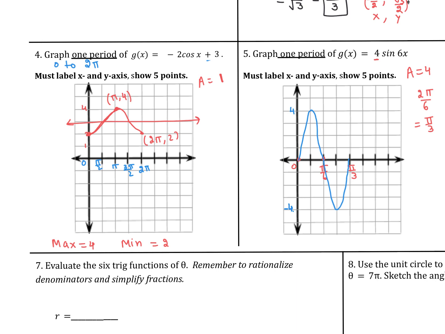Here it is pi over 3, that is your cycle or period. Maximum point is going to be 4 and minimum is negative 4. This is called the midline or the line of axis, and that midline is y equals 0, or the x-axis.